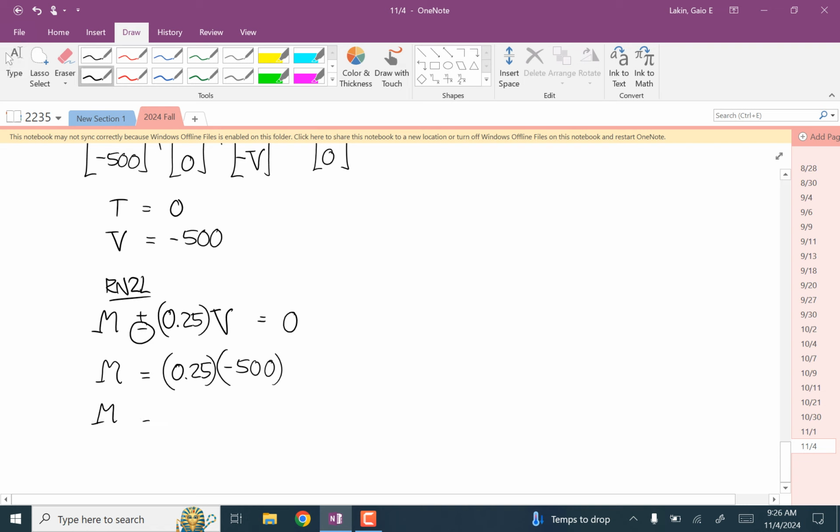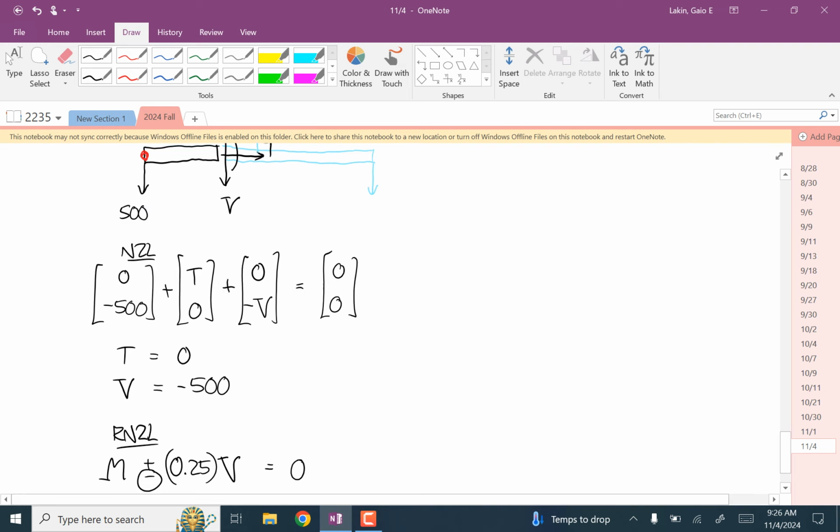And so M is equal to negative 125 Newton meters. Any questions about that? You with me on that?